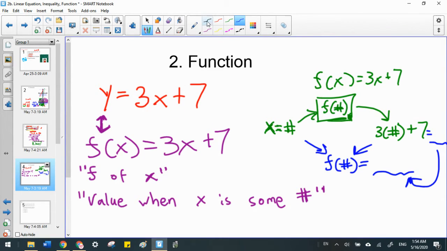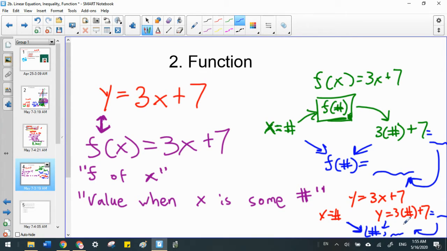And if you think that's really similar to the concept of taking an equation, and when x is equal to some number, you put that number into the equation so that you can find y, and then you get the point for the x value and then the y value, then you would be correct.